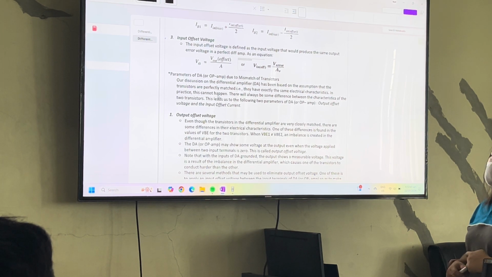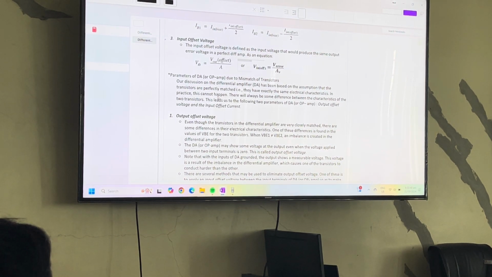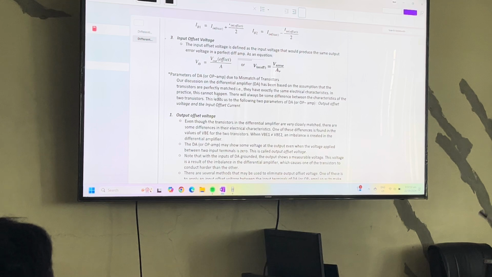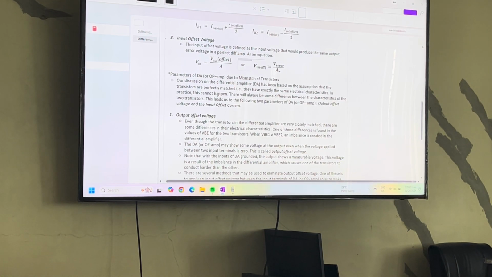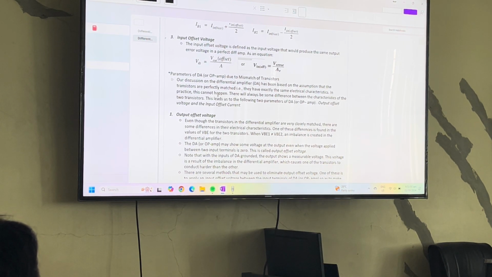So our discussion on differential amplifiers has been based on the assumption that the transistors are perfectly matched. That is, they have exactly the same electrical characteristics. In practice, this cannot happen. Nothing is perfect in real life. There will always be some difference between the characteristics of the two transistors.